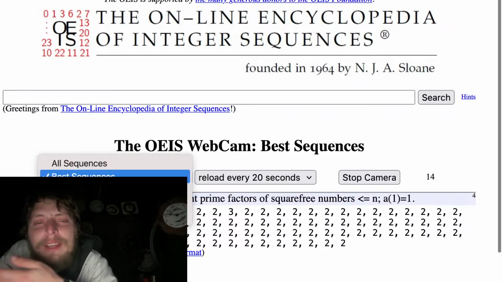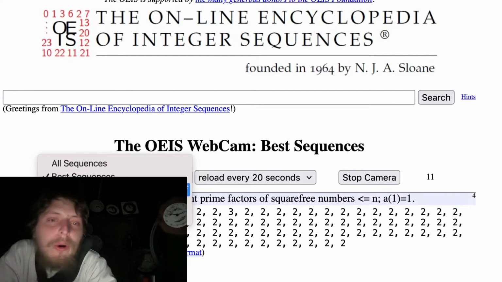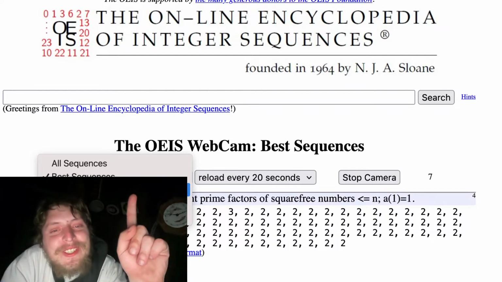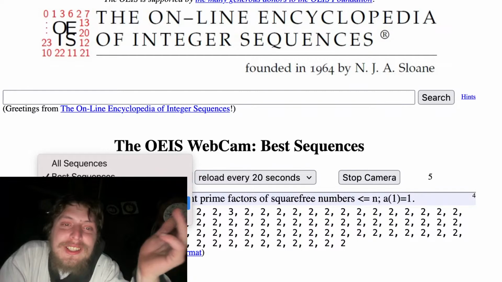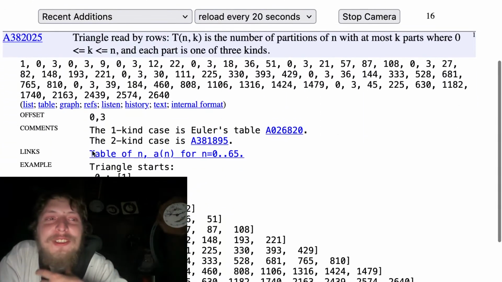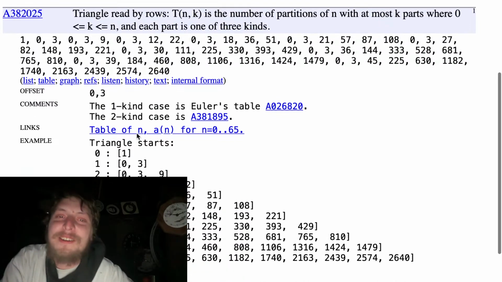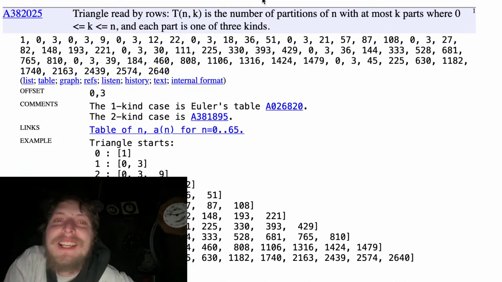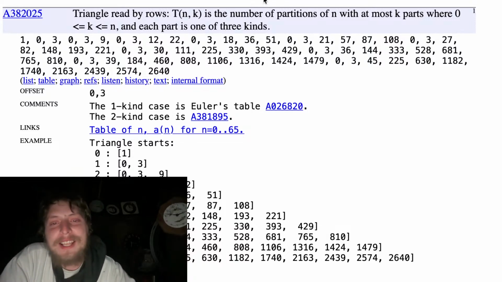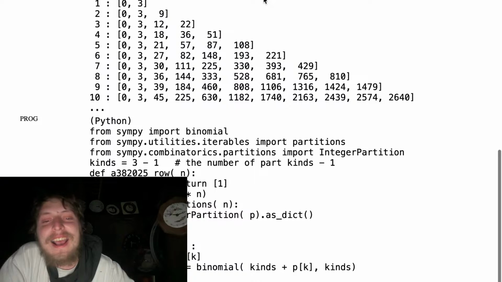Now, best, I'm guessing, is a similar list to core. But if you want to help, you can find others. Sequences needing more terms, recent additions, and so on. This is actually a great thing to have in the background of a stream if I'm ranting about something, because every 20 seconds, it'll give you a new, recently added sequence that someone put on the OEIS.